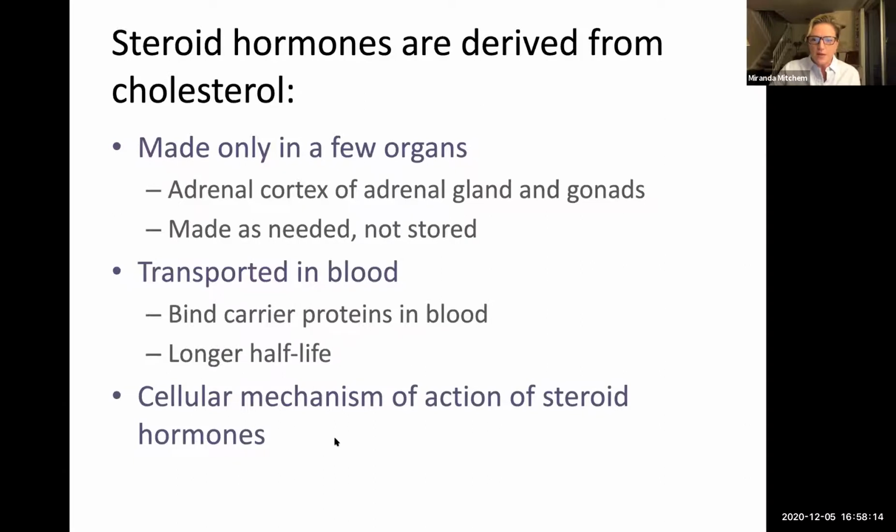So let's take a look and see what some of these actions are of our steroid hormones. We'll study some of these also in the next chapter we do.